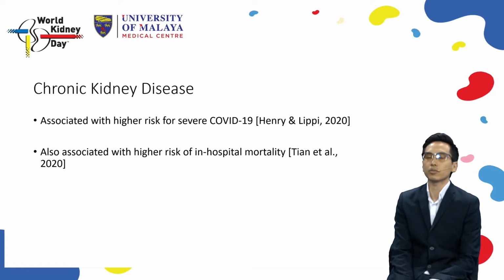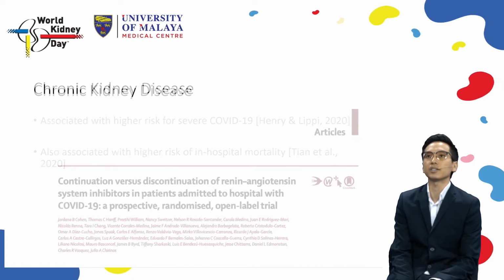Now, as I've elucidated earlier, this coronavirus enters the host cell through the angiotensin-converting enzyme 2 receptor, and it was a worry among early researchers and scientists that the usage of medications such as ACE inhibitors and angiotensin receptor blockers would make people more susceptible to infection and to a more severe COVID-19 disease.